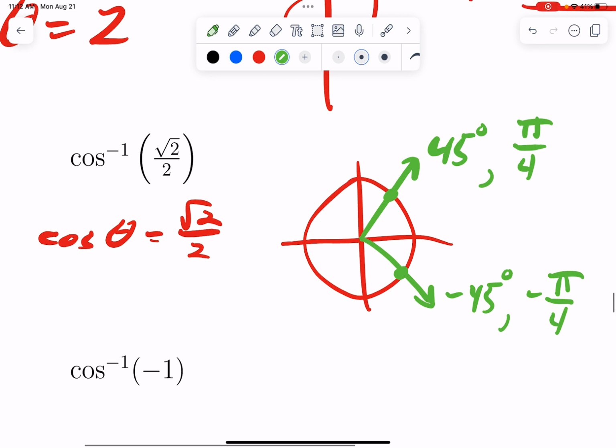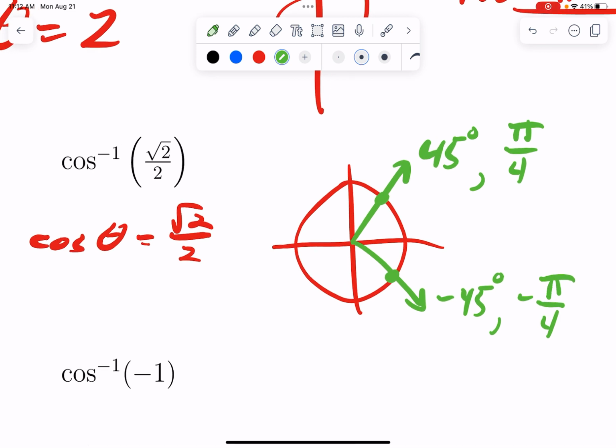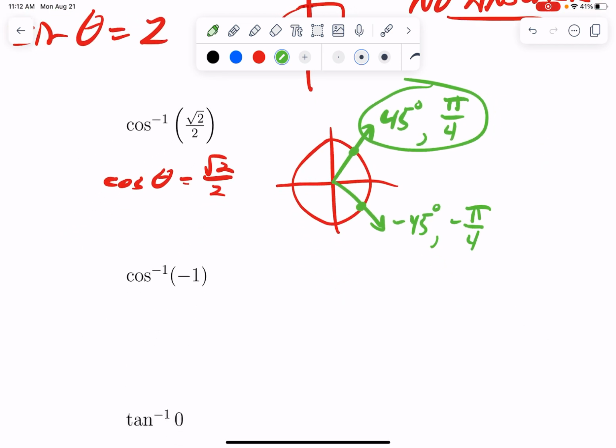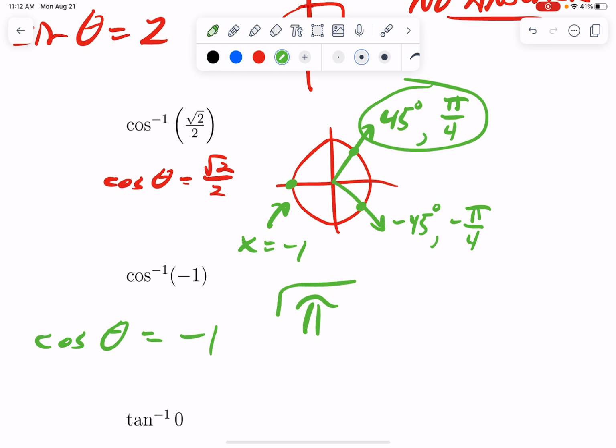And remember, part of the rule is for inverse cosine, we're picking something between 0 and pi. So it's going to be these positive ones. Inverse cosine of negative 1, we're thinking that cosine of some angle is negative 1. That means the x-coordinate is negative 1. That happens at the leftmost part of the unit circle, and the answer here would be pi.